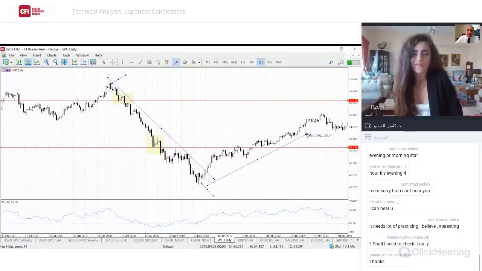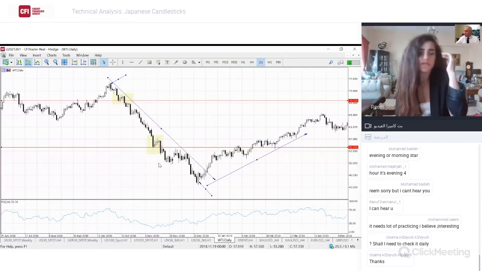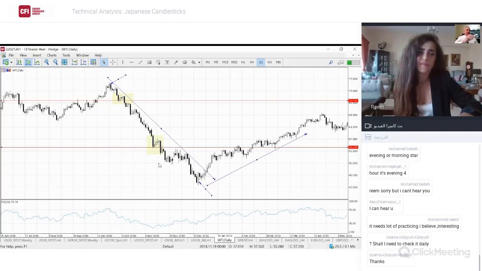This is the importance of the candlestick. As we said before, the reversal candlestick should appear at the end of an uptrend and at the end of a downtrend, while the continuation pattern appears in the middle of the trend.